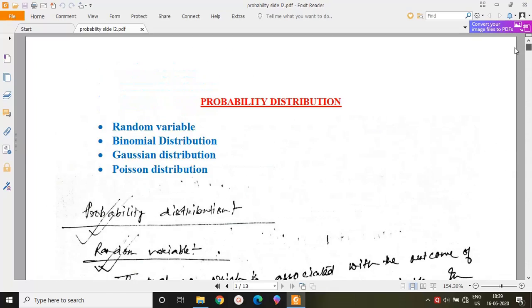To re-summarize what we learned: we learned about random variables, binomial distribution, Gaussian distribution, and Poisson distribution, and in addition to these, we learned about the mean and variance of probability distributions. The next lecture will take problems on all these parts. Thank you.